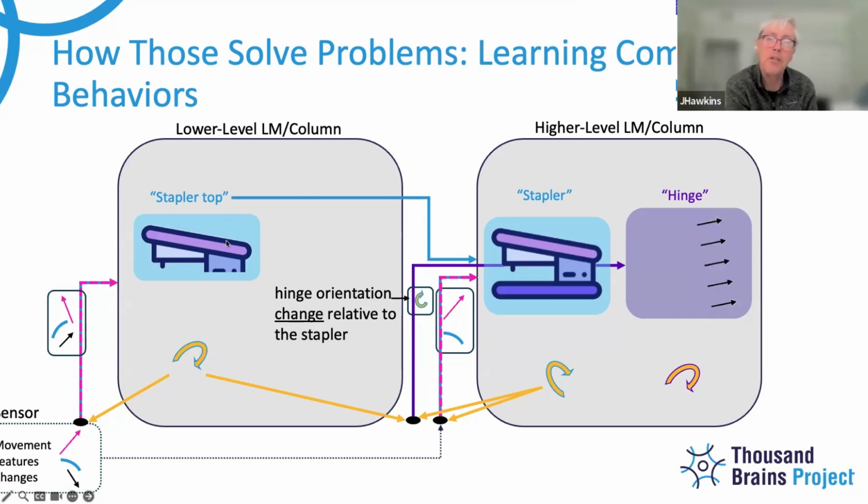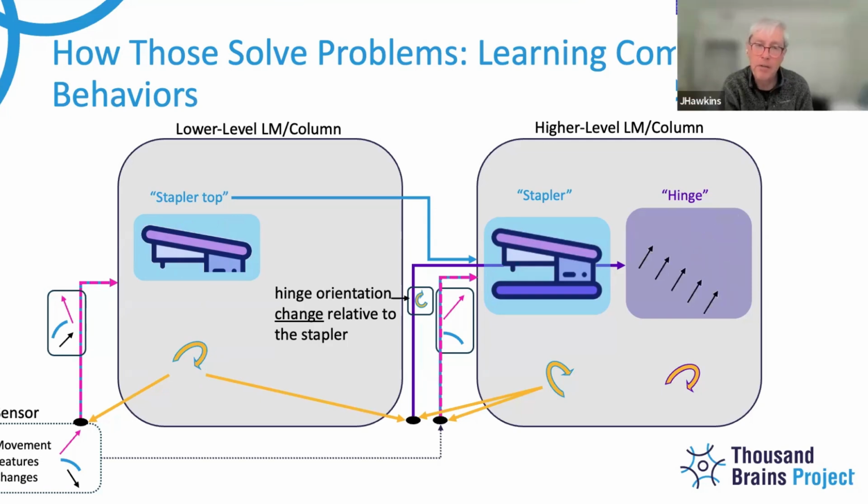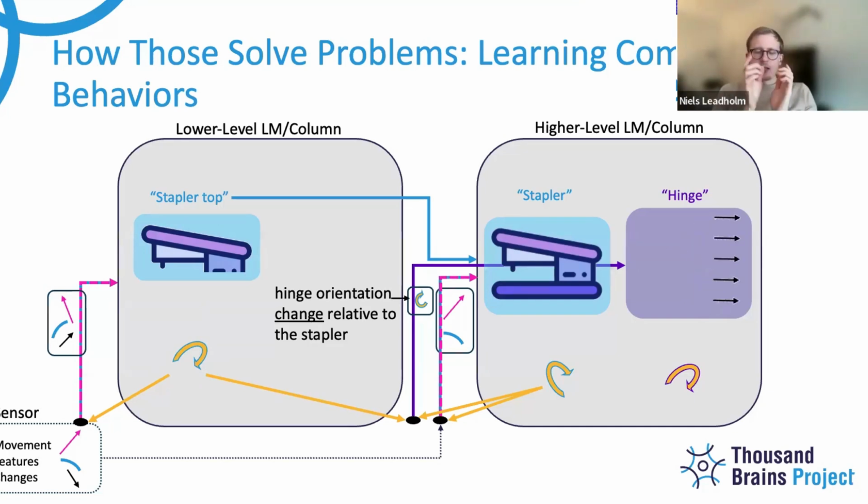That is under the assumption that the lower child object is not changing, that it is a single thing that has a reference frame, and we're going to take advantage of that. But the parent doesn't know that. Parent doesn't know that there is a single thing that's moving. It's just detecting any kind of change. Isn't that kind of the point of breaking off the child object with attention?